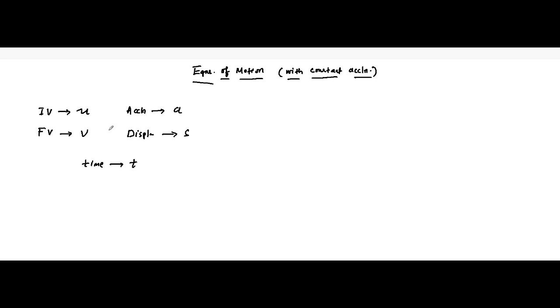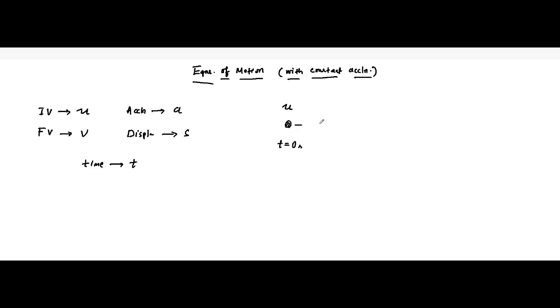So we'll be deriving a simple equation for a particle. Let's say we have an object or a particle. It has a certain initial velocity, let's call it u. It is moving along a straight line, and this is where the observation started. So this is initial time t equals 0, 0 seconds.